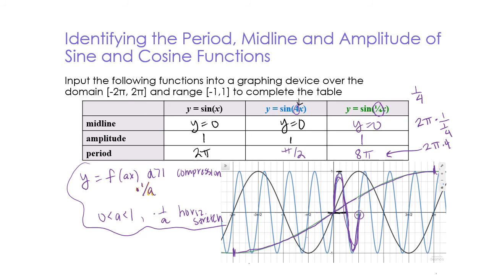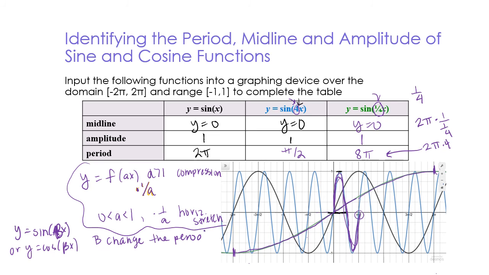So there's a formula. If you have a number, we're going to call this B, a value B inside, a number that's getting multiplied into your input, this works for both the sine and the cosine function. B is going to change the period.